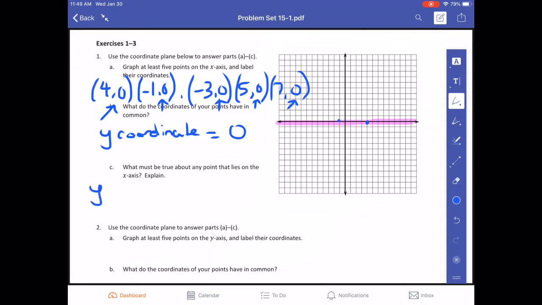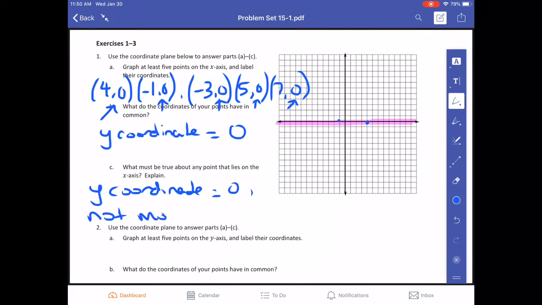We're going to say the y-coordinate has to be 0, and then we're just going to say what that means. We do not move vertically. Okay? We're going to stay on this horizontal number line and just move however many units it tells us away from 0, given the point of our x coordinate there.